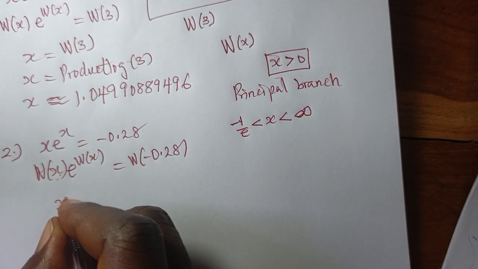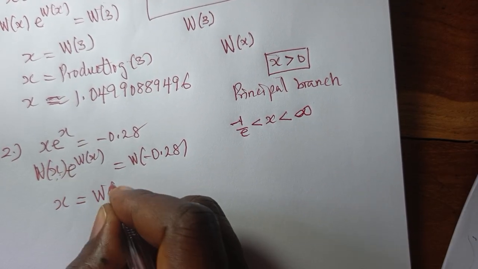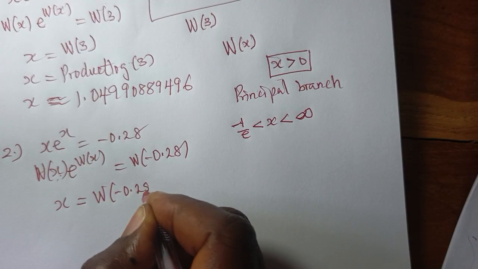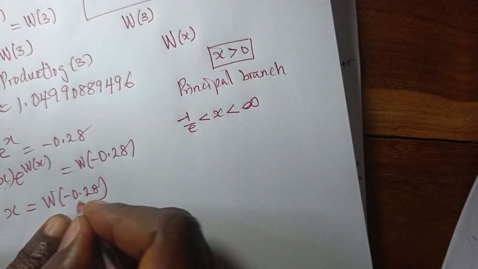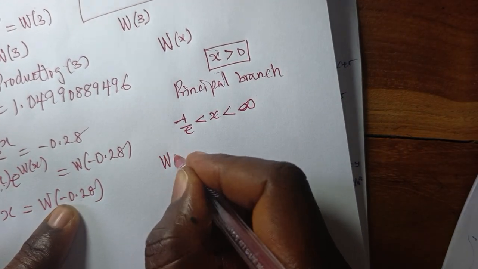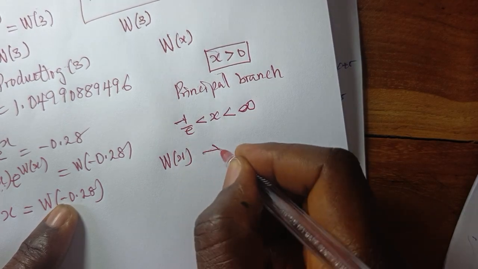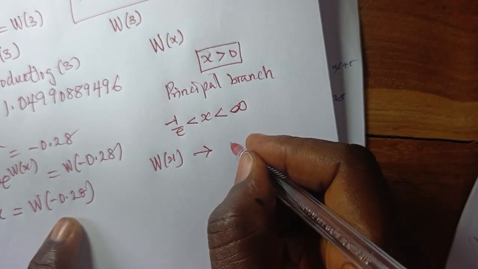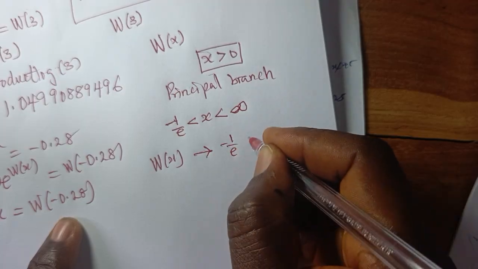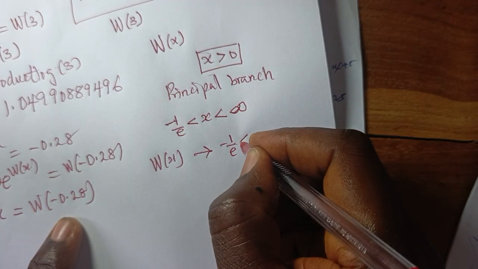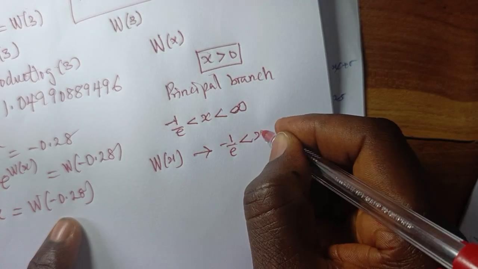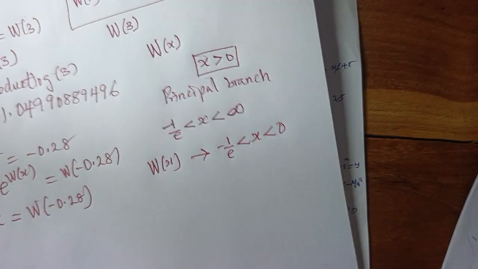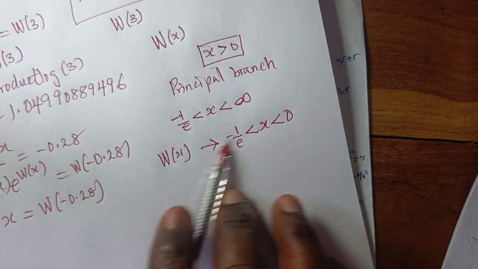So now we have x equals Lambert W function of minus 0.28. The range of x here is minus 1 over e less than x less than 0. So this is a value that falls within this range.